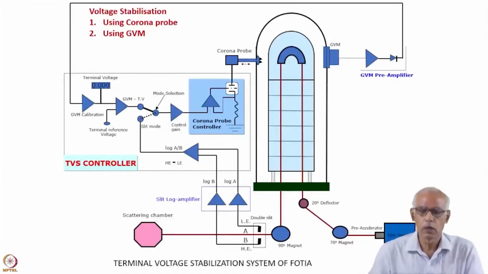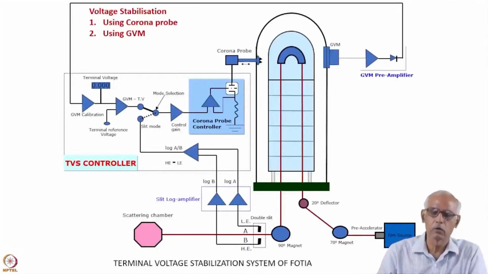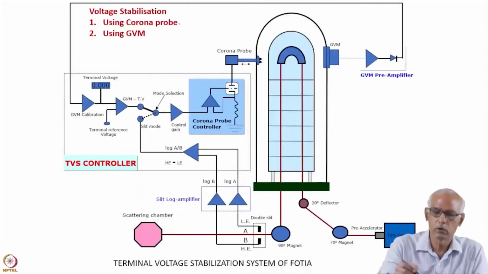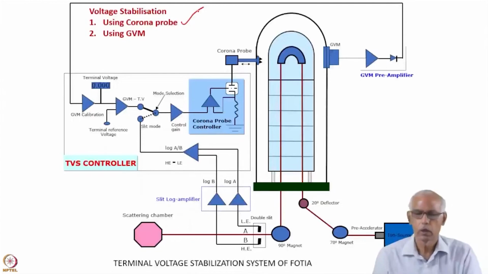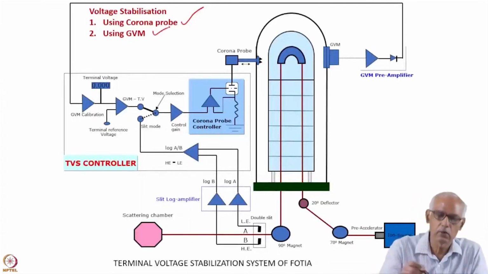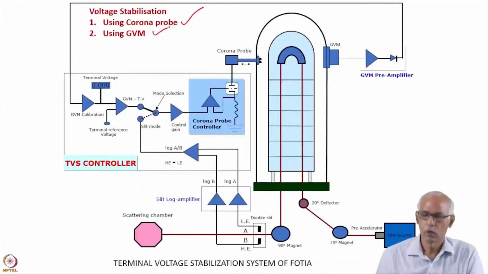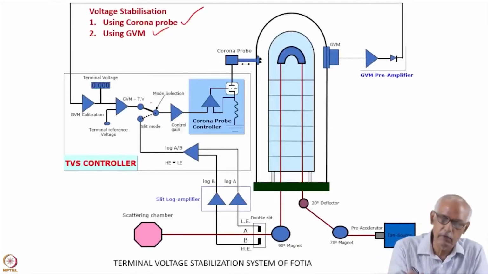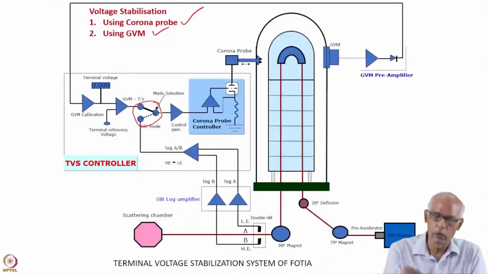Now, how is the voltage stabilization done? One is that we use a corona probe, and the other is using the GVM itself. So let's say that this is a system which takes care of this procedure. So either you can use one of them.